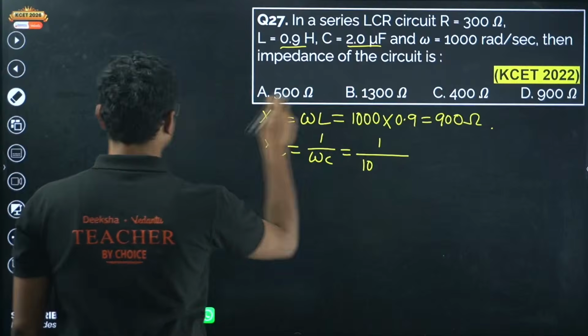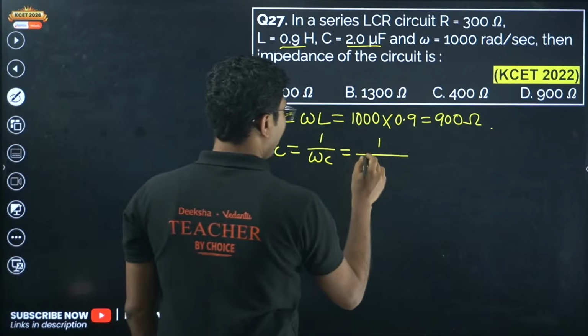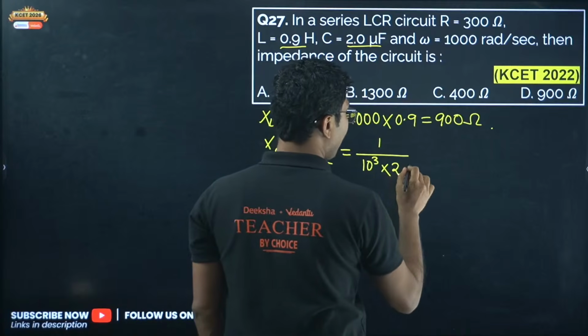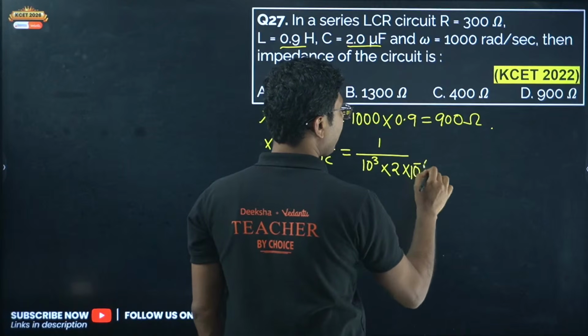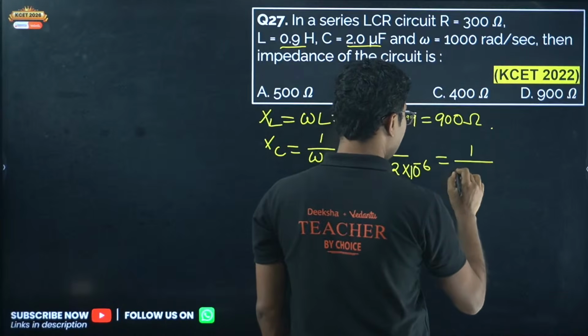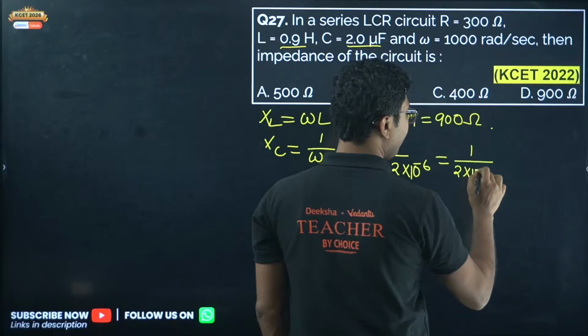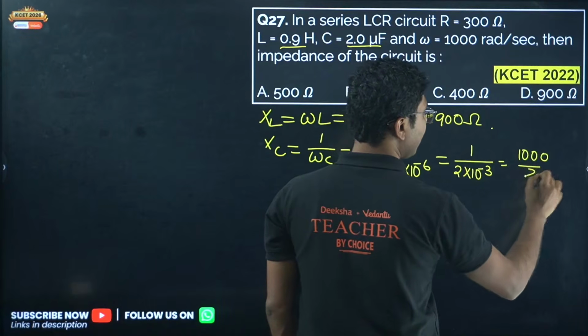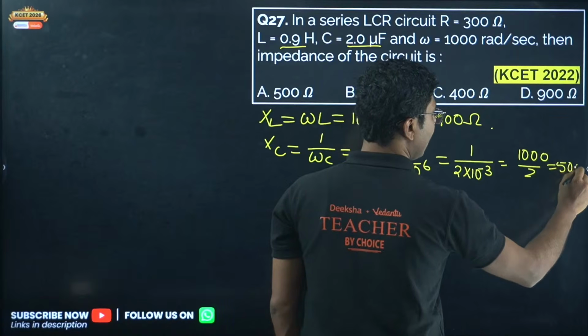Let me write omega as 10 to the power of 3, and C is 2 microfarad. Micro means 10 to the power of minus 6. Okay, so we can write this as 1 by 2 into 10 to the power of minus 3, that is 1000 divided by 2, that is 500.